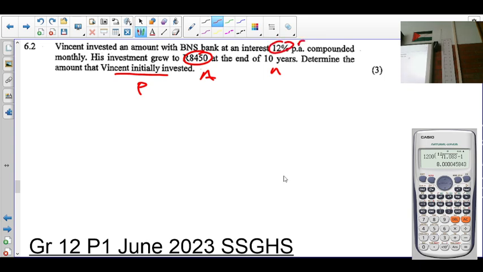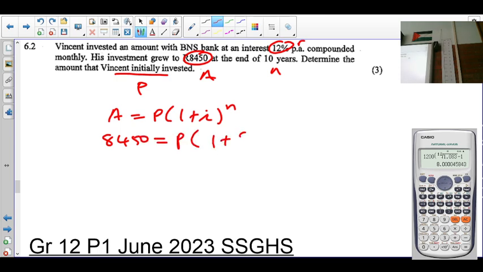Okay, so since it's compound interest, A is equal to P into (1 plus i) to the exponent n. So it's 8,450 is equal to P, which you're calculating, times 1 plus i, which is 0,12 over 12, compounded monthly, to the 12 times 10.